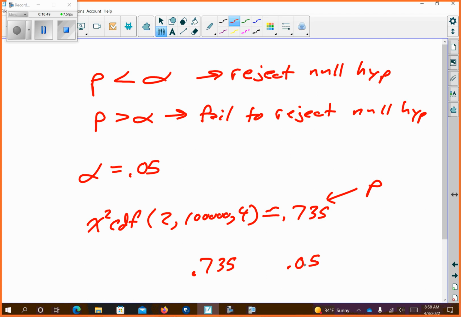Which one's bigger, 0.735 or 0.05? So p is greater than alpha, and we fail to reject the null hypothesis. We don't find strong evidence that the data on those baseball cards differs from the probability of obtaining the 5 cards in any given box of frosted sugar bombs. I don't know what those are, but they sound yummy.